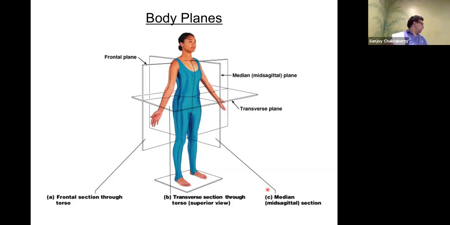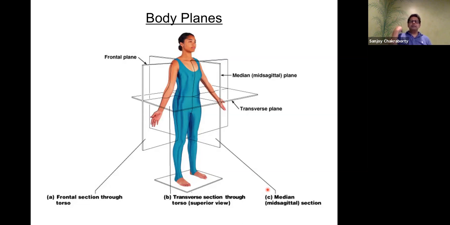Now pay attention one more time. If I take a blade and cut the body right here in half, right in the middle, producing equal halves, we call that the mid-sagittal plane. But if I cut it right here, you're still going to make a left and a right side. How many left and right sides can we make? We can make infinite, we can cut anywhere we want.